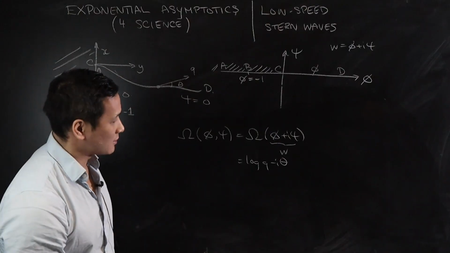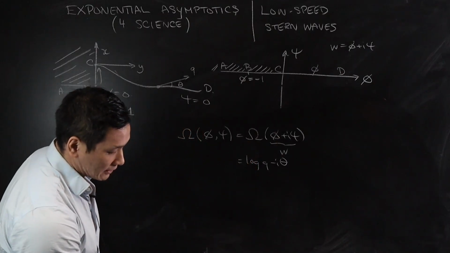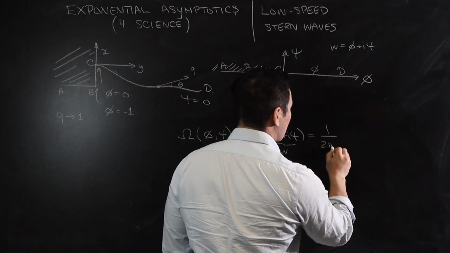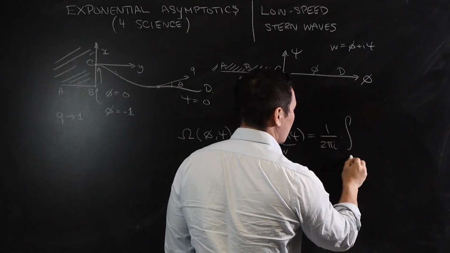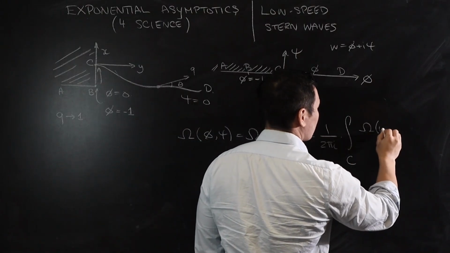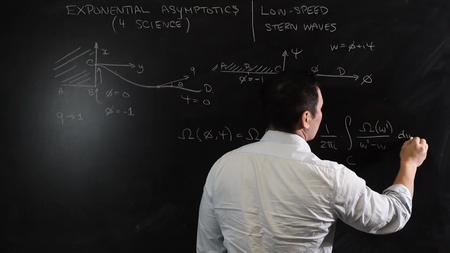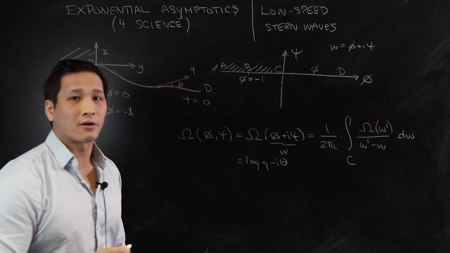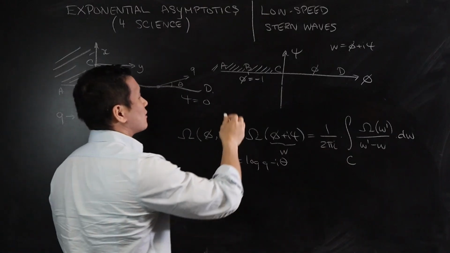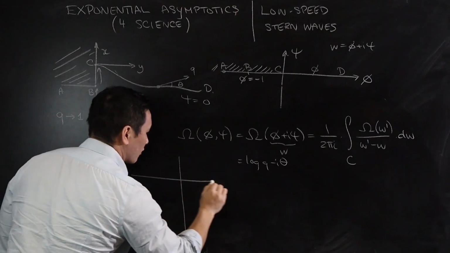So Cauchy's theorem tells you that whenever you have a complex analytic function like this, you can write it as an integral, 1 over 2 pi i, over a contour of the function itself over this denominator. And the contour that you're going to choose is basically just going to run, I'll draw it down here, in the potential plane, or the w plane.